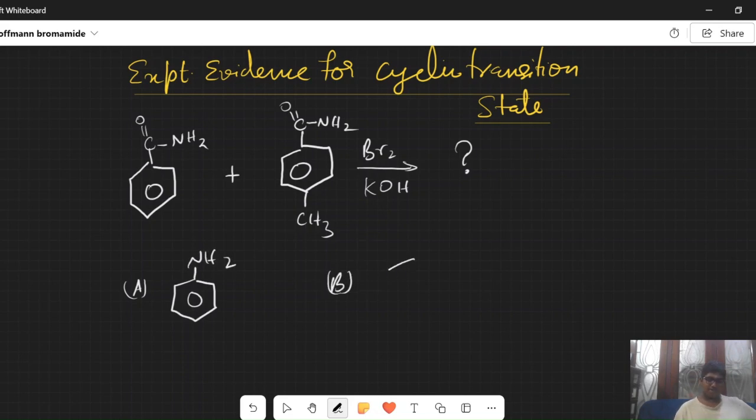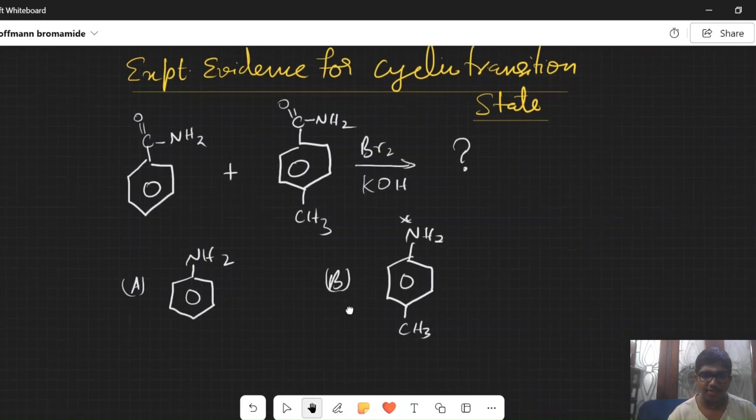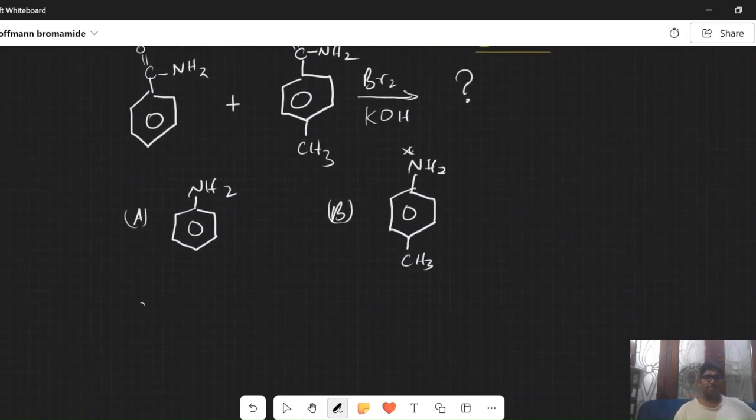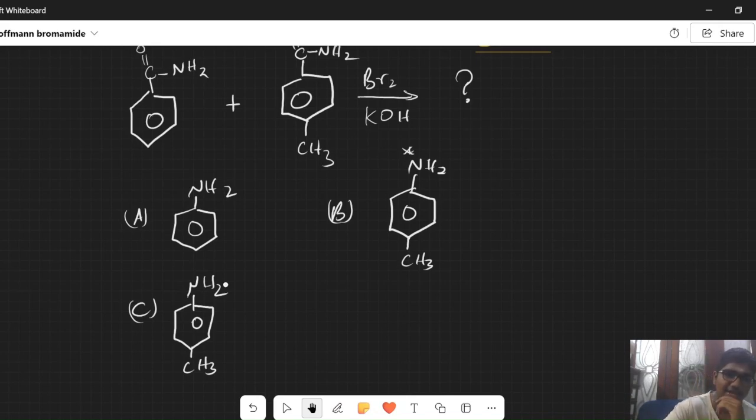Option B is it can be the isotopically labeled nitrogen and a para substituted aniline, and option C can be a crossover product, that is both can interchange with each other, forming NH2 here, that is the non-isotopically labeled nitrogen 14, along with the toluene alkyl chain or benzene ring.